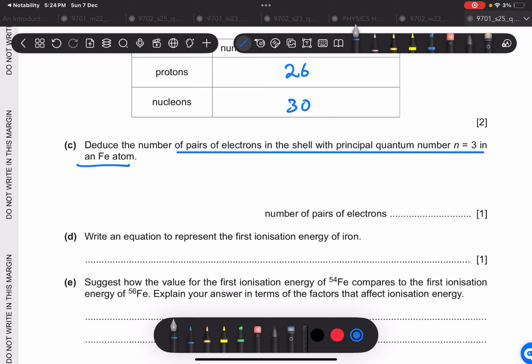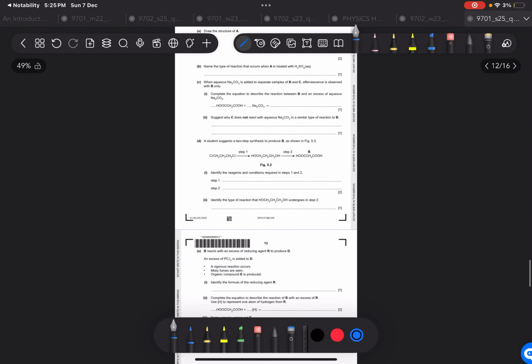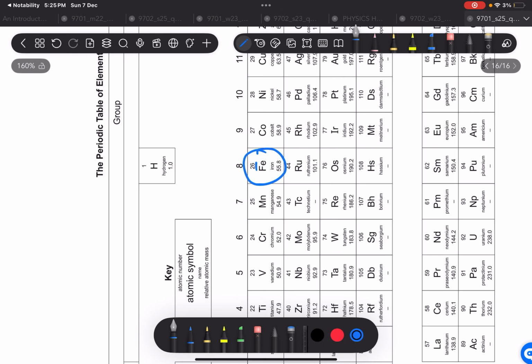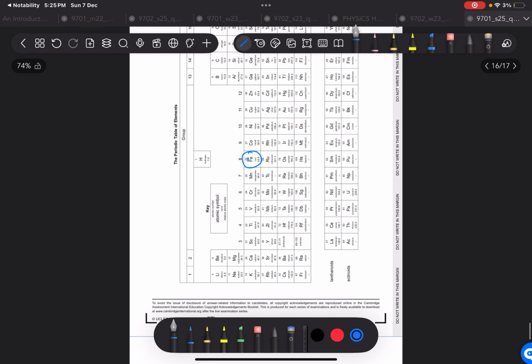Okay, so in the third shell we have to deduce the number of pairs, not the exact number of electrons. Let's go to the periodic table and see where iron lies. Okay, this is iron. It has 26 electrons, and if you count, this is 1 2 3 4, and this is 3.